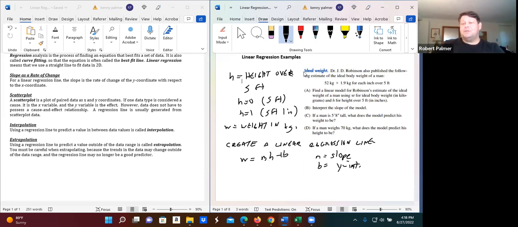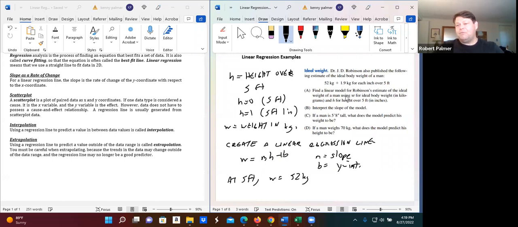Now, we're given these things here. Let's read this first part again. It says Dr. Robinson published the following estimate of the ideal body weight for a man: 52 kilograms plus 1.9 kilograms for each inch over 5 feet. So at 5 feet, the weight is going to be 52 kilograms.